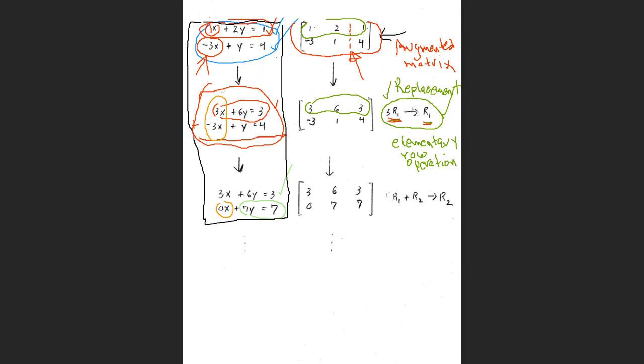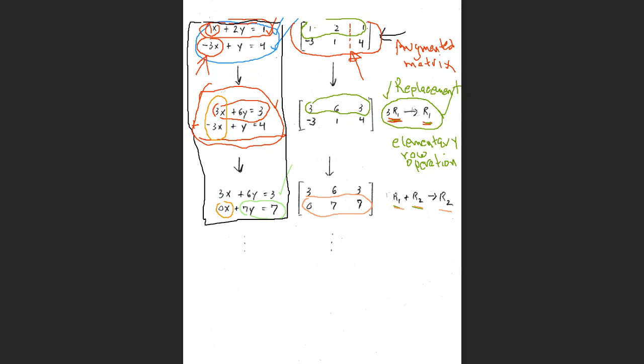Now, what did we do next? We added the first row to the second row. Okay, and I'll try to use different colors here. We added the first row to the second row and put the result in the second row. That's how we got a 0, 7, 7 in the second row.